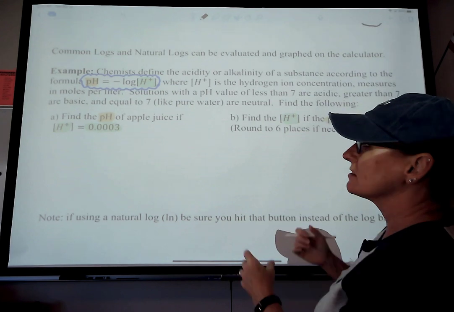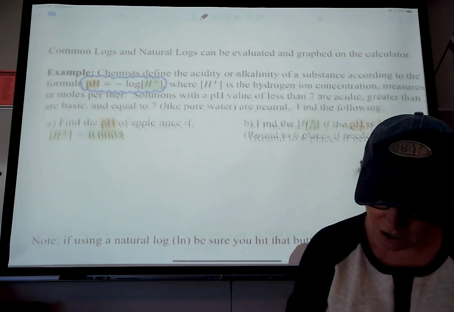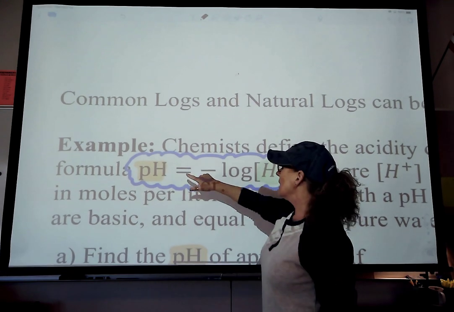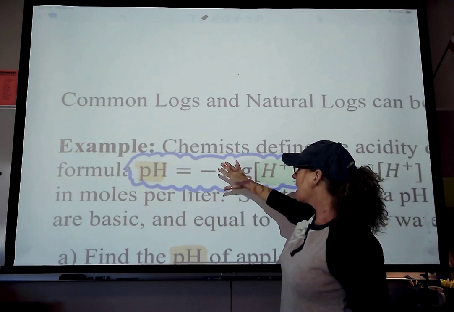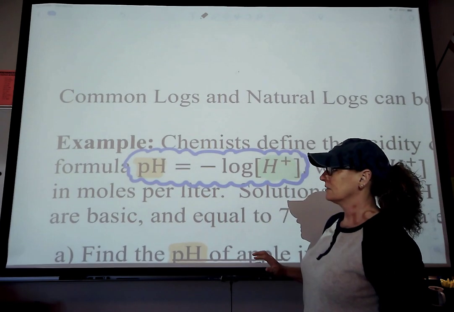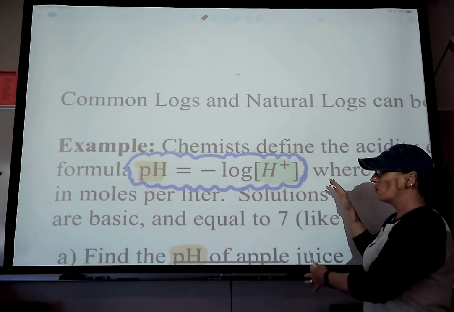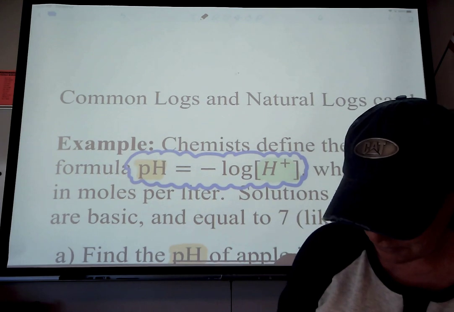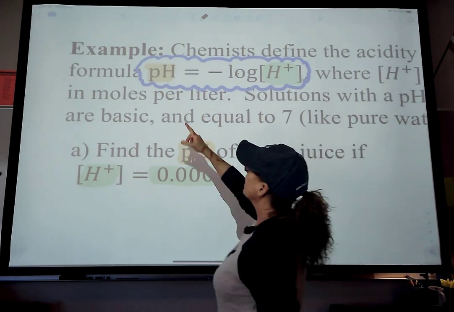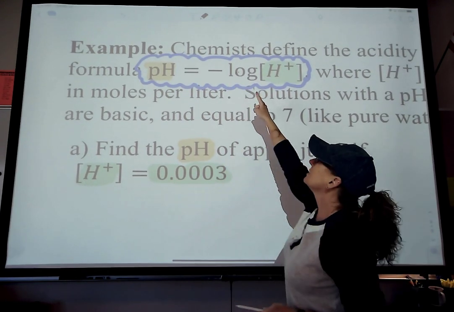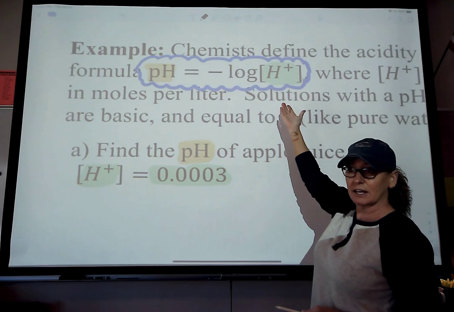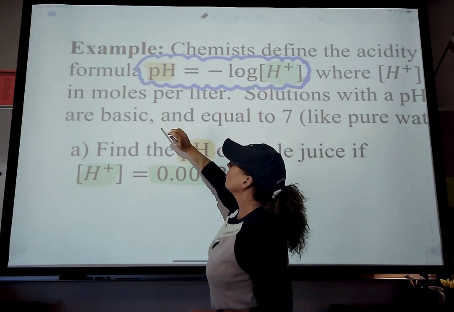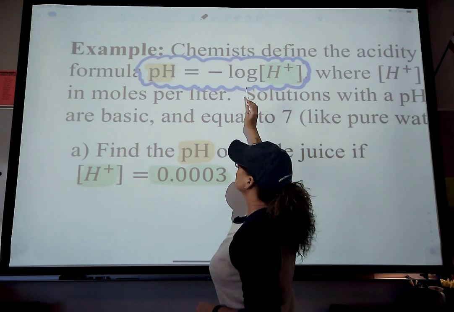We've got this, looks like a complicated logarithm equation. So something kind of confusing, equals -1 times the log of this. And it goes on to say, what things represent and all that, but I've kind of highlighted it for you. So this is kind of like y equals -1 times log of something, like x. So I colored this kind of orangey, and I colored this kind of greenish.